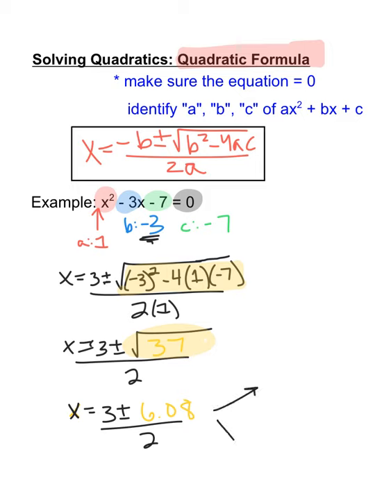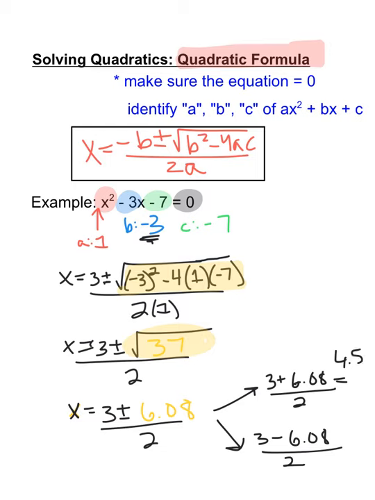We split this up once where we used a plus sign, 3 plus 6.08, then divide by 2, and once where we use the minus sign, 3 minus 6.08, then divide by 2. All right, 2 answers for x-intercepts are 4.54 and negative 1.54.